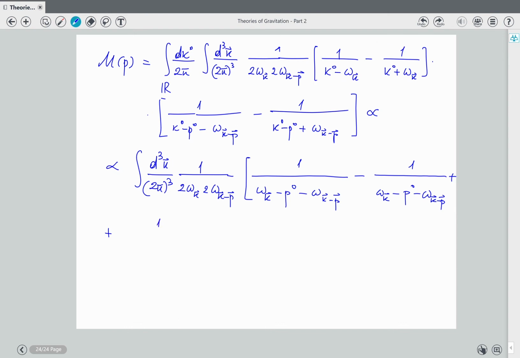So 1 divided by p0 plus omega k minus p minus omega k, minus 1 divided by, with k0 equal to p0 plus omega k minus p, plus omega k.